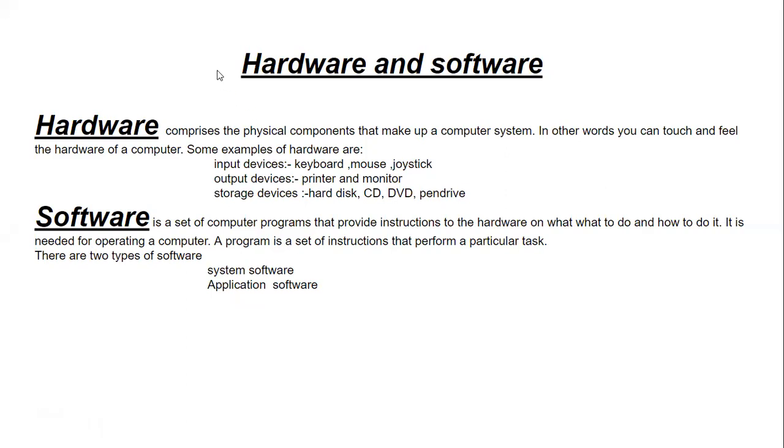Hardware and software. Hardware comprises the physical components that make up a computer system. In other words, you can touch and feel the hardware of the computer. Some examples of hardware are input devices: keyboard, mouse, joystick; output devices: printer and monitor; storage devices: hard disk, CD, DVD, pen drive.